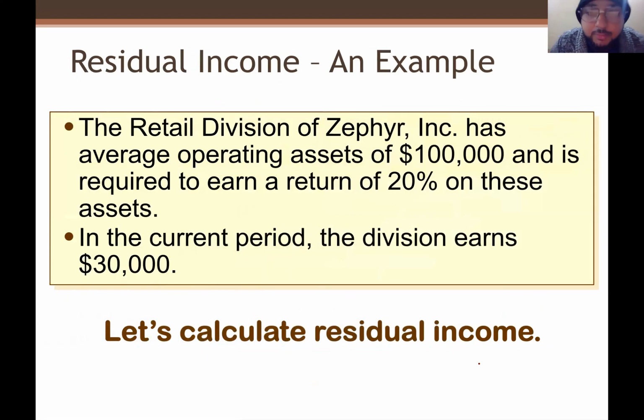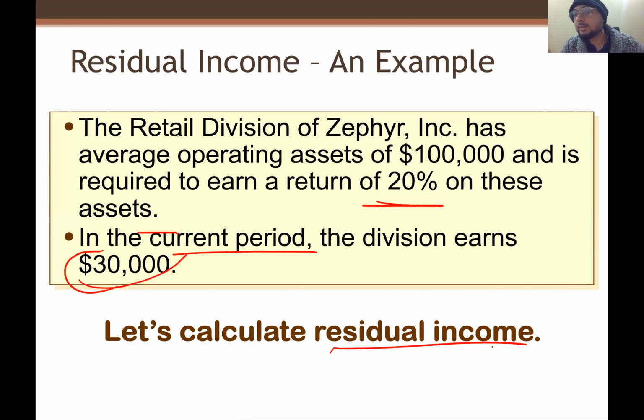Okay, let's just talk about the example here. The retail division of Zephyr Incorporation has average operating assets of 100,000 and they are required to earn 20%. In their current period, they earn 30,000. So what is the residual income? They were given a target of 20% on the assets.